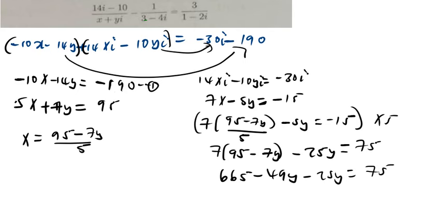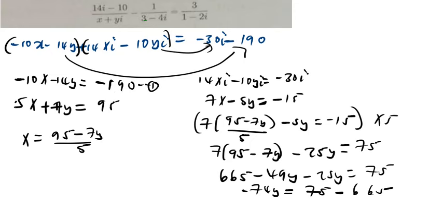So add these two, it's going to give me negative 49, okay, should be 64. Yeah, 74, not 64. Yeah, it should be 74. So we are adding 49 and 25, so it is negative 74y being equal to 75 minus 665.